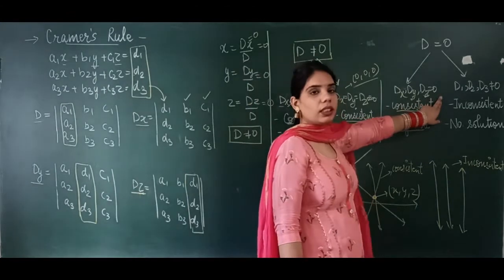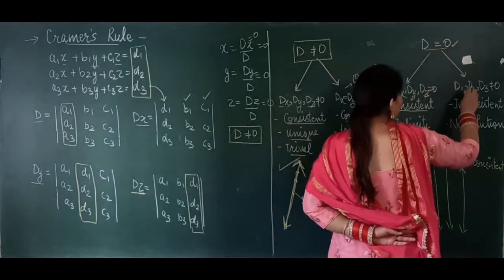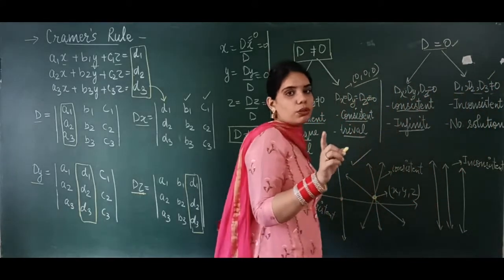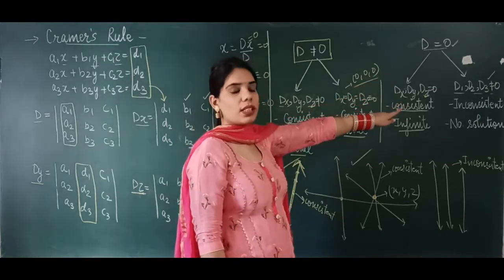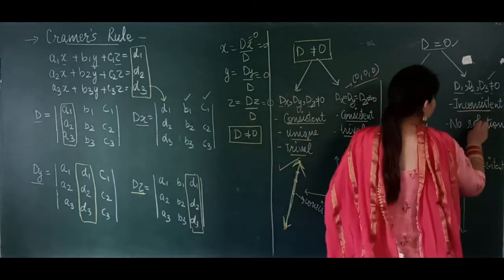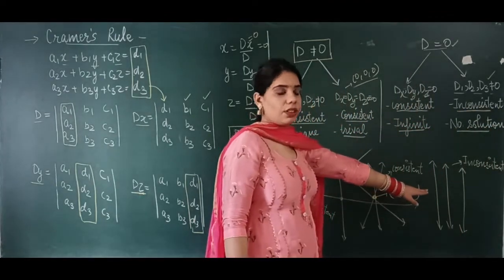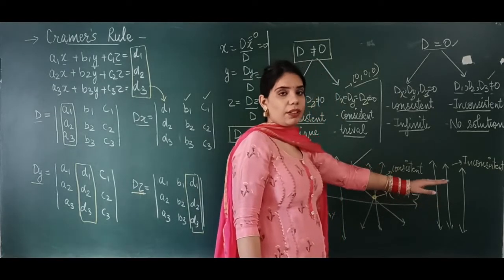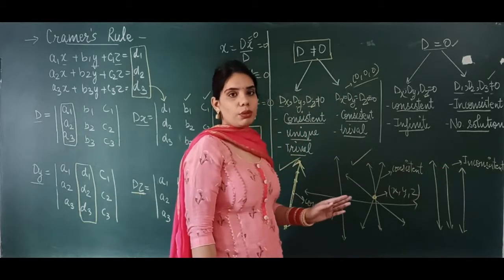So the fourth type is if my d is equal to 0 but d1, d2, d3 are not all equal to 0. When my d is 0 but the other things are not 0, then I have an inconsistent solution, or no solution. Then my lines will be parallel, they will not intersect each other, therefore I will not have a solution.